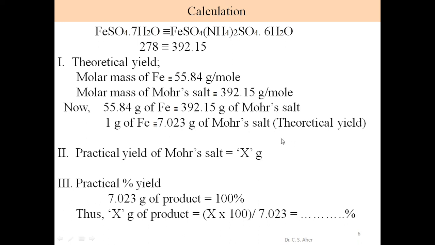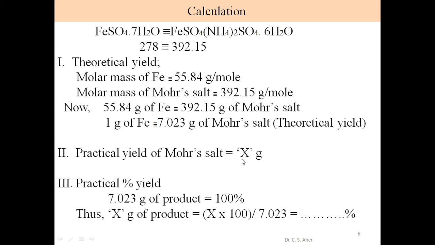But in actual practice, we weigh the dry crystals of Mohr salt and name it X gram, and from this X gram we calculate the percentage practical yield. So 7.023 gram means 100% practical yield; all Fe is converted into Mohr salt. But whatever weight we obtain, from that we calculate the percentage practical yield.